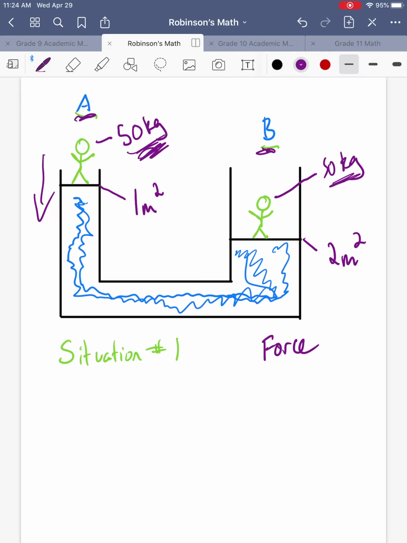Then the next part of the definition of pressure is that it's at a surface area. So the surface area, of course, is this platform right here, but it's also against these sides of the system right here.